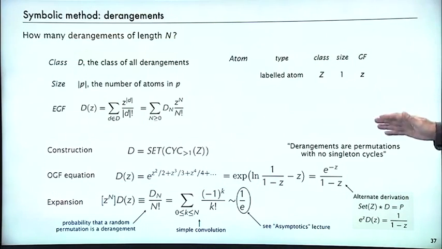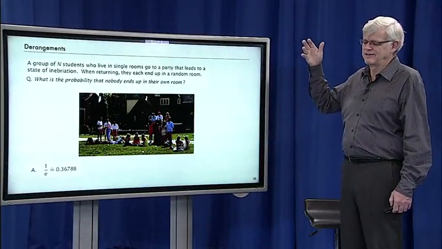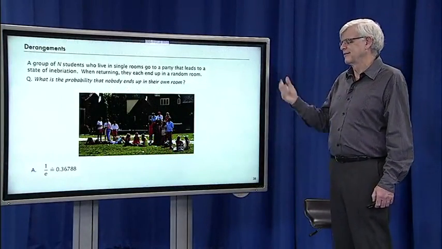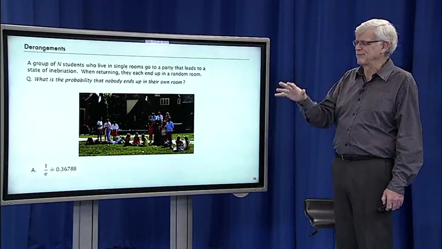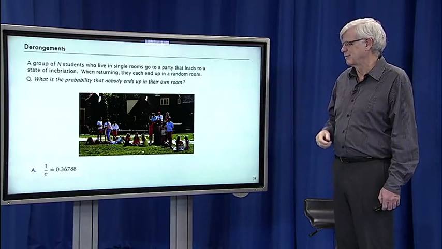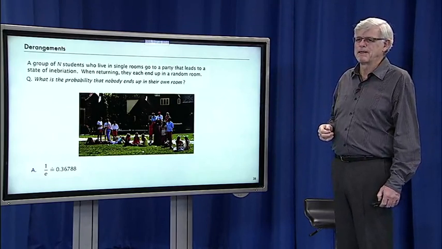But the symbolic method gets us there, and provides a practical solution to this kind of problem. The actual chance that if you go to a party and get yourself in a state of inebriation and wind up in a random room, you've got a pretty good probability that nobody ends up in their own room: 36%.